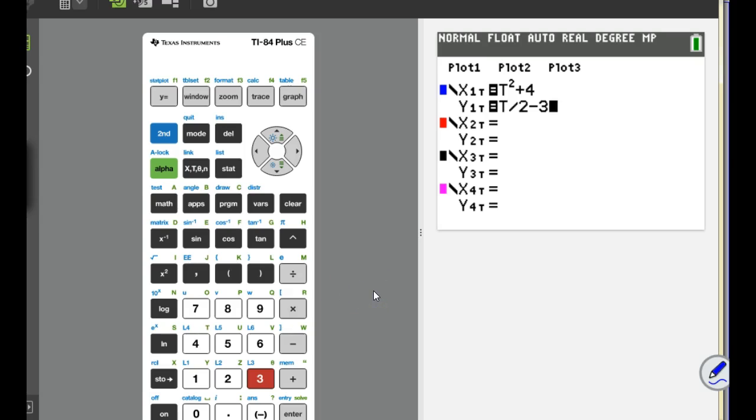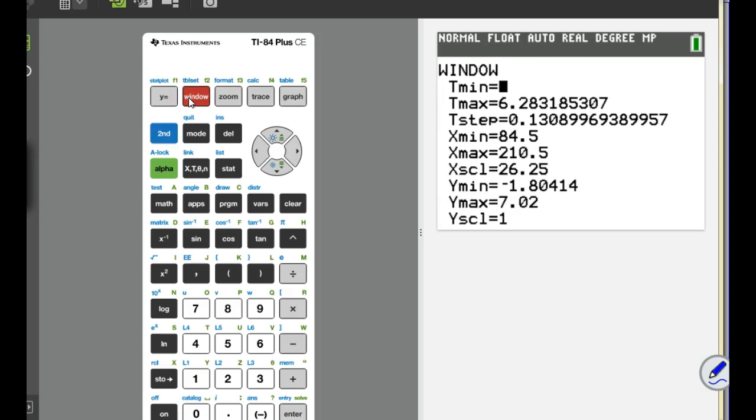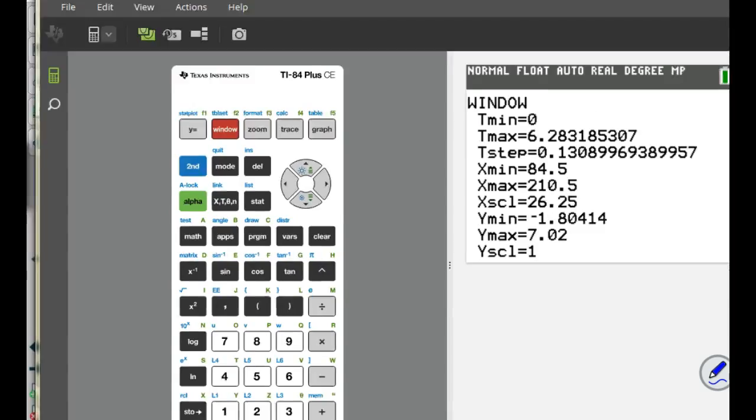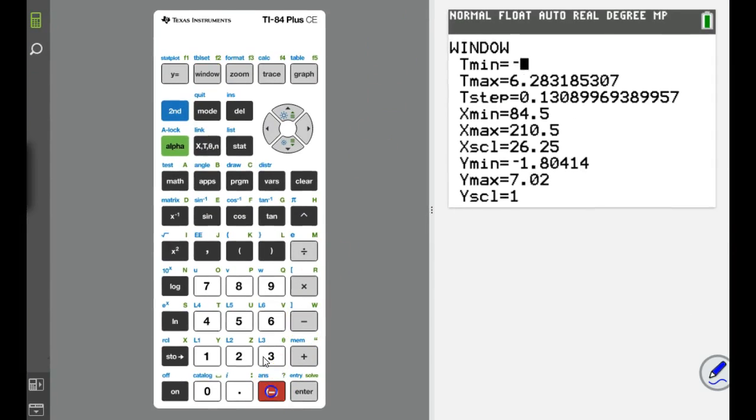Okay, this is the part students don't get, and they mess up on the quiz. You can only do this correctly and find the endpoints if you go to Window and tell it what T values to use. The T values are given in the question. We are supposed to use -4 to 4. So we're going to put the T min as -4 and the T max as 4.